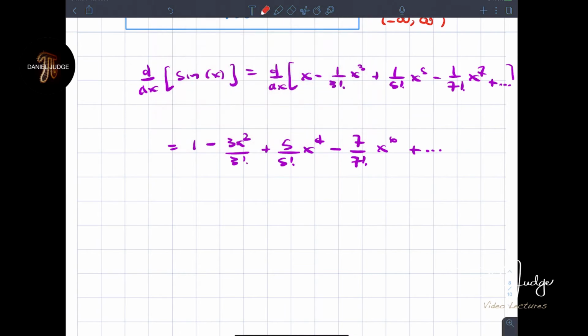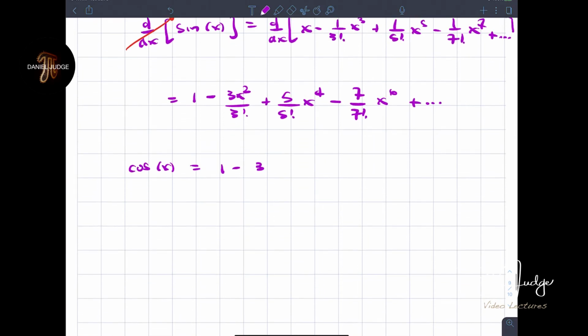And don't forget, the derivative of sine is cosine. So I'm describing cosine now as 1 minus, and doing some algebra, 3 over 3 times 2 factorial x squared, plus 5 over 5 times 4 factorial x to the 4th, minus 7 over 7 times 6 factorial x to the 6th, and so on, where you have the cancellation again of these constant terms here.